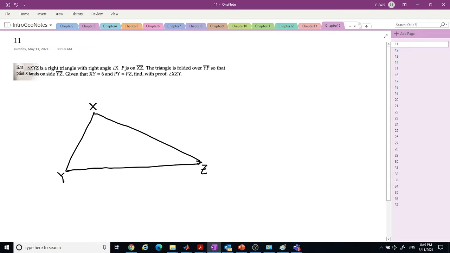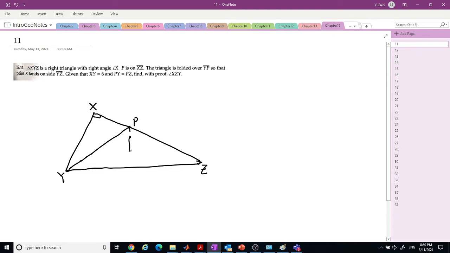It mentioned that P is on xz, and the triangle is folded over yp, so that x lands on yz. So we have a line of yp, right? Then we fold this x, and the x can be lined up on here.